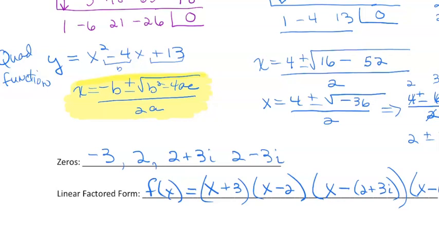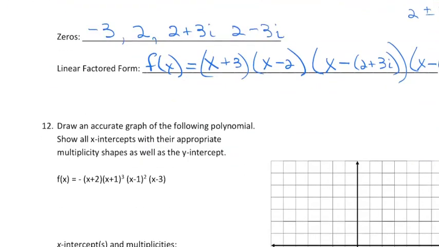And you can leave it like that. That's totally fine. You don't need to clean up the last two factors. It's perfect the way it is. A lot of work here for this problem. Lots of things for you to know and go back over if you are shaky on them.